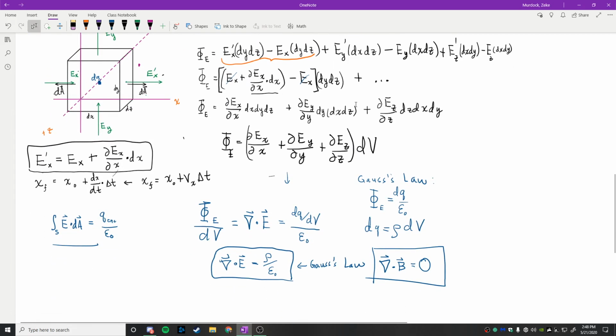Do you guys have any other questions? So I want to do the curl part, but I also don't want to completely overwhelm you guys.